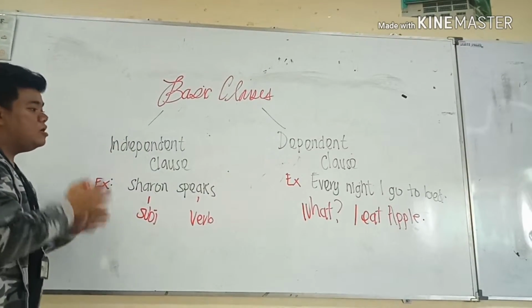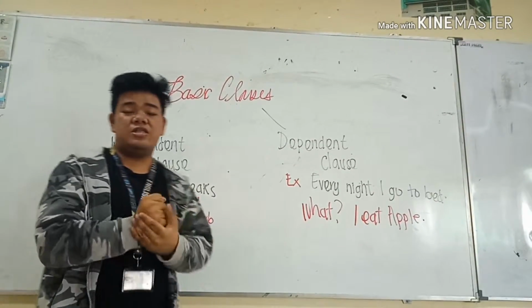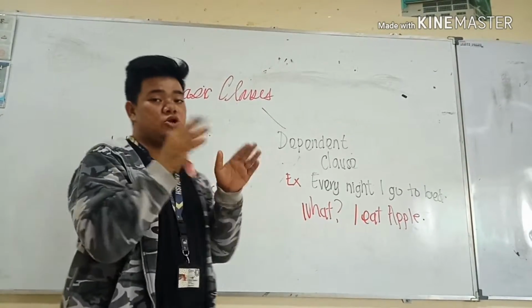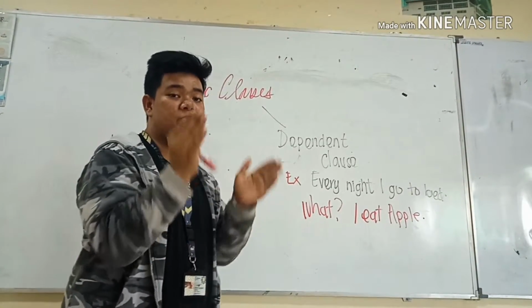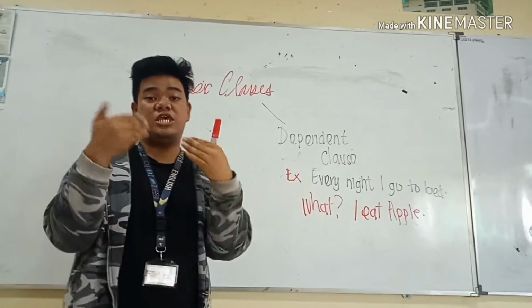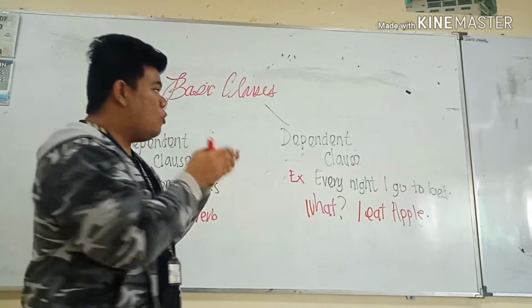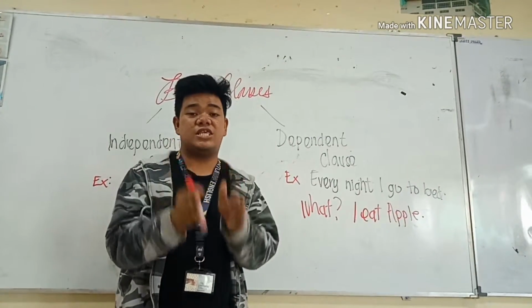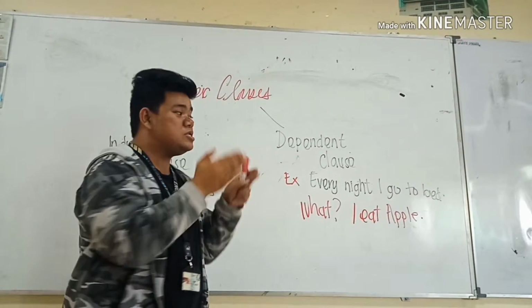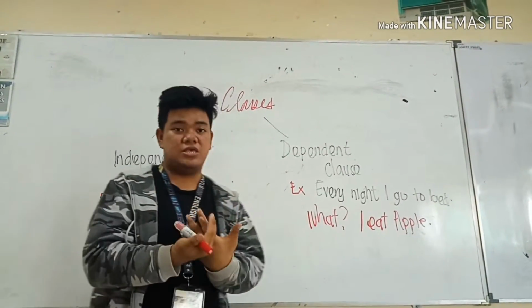Again, an independent clause is a group of words which has the subject and the verb, the connection between the subject and the verb, that has its own complete thought. While the dependent clause cannot stand by itself because most dependent clauses seem like a phrase.